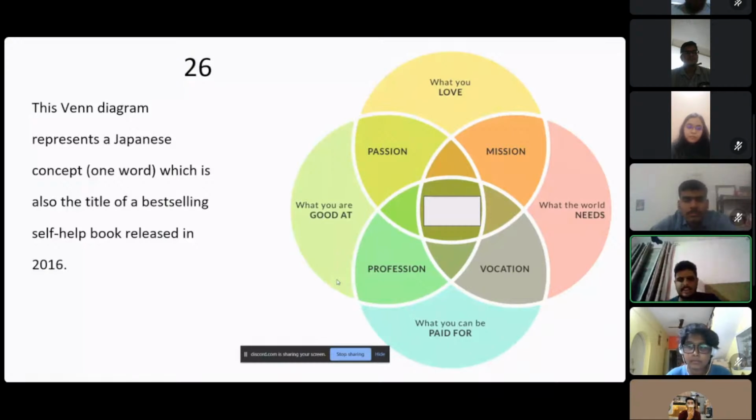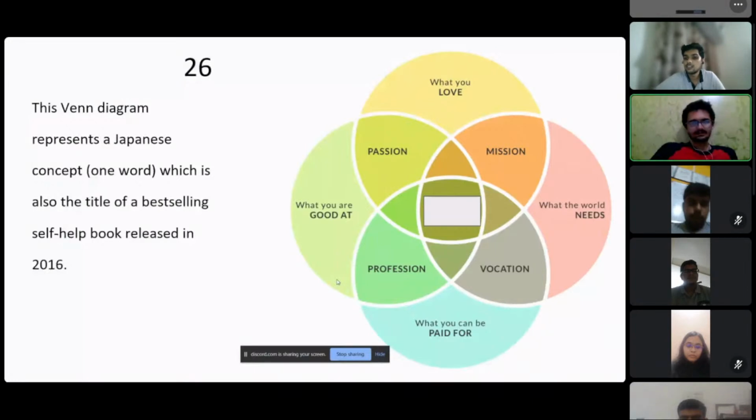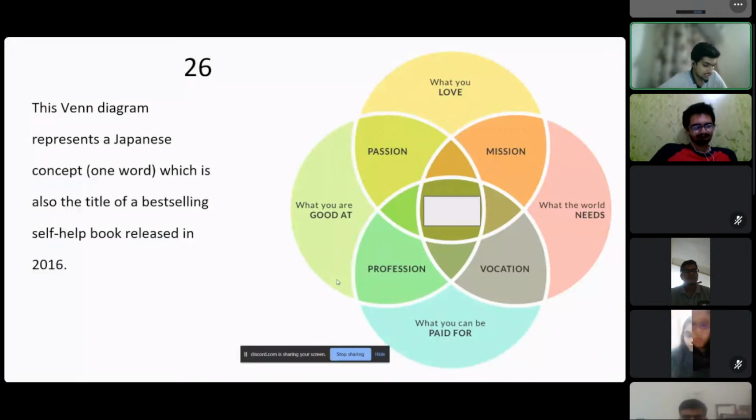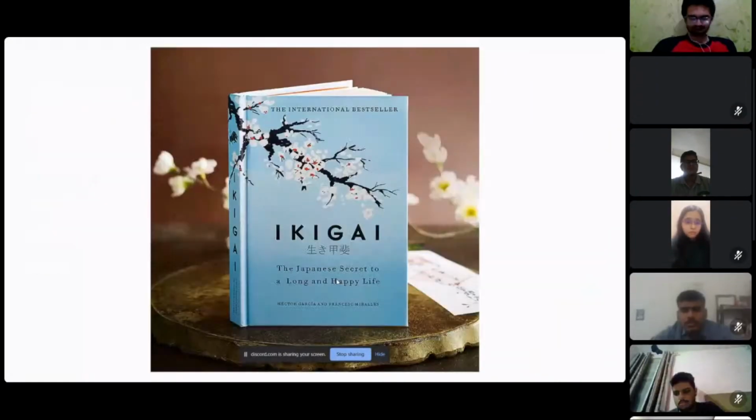Alchemist. Incorrect answer. P6 pounced, P4 also pounced, P3 also pounced, P2 as well. What? No, incorrect answer. Everyone else pounced, P1 also pounced. So the question is closed. The answer is Ikigai, and let's see who answered correctly.